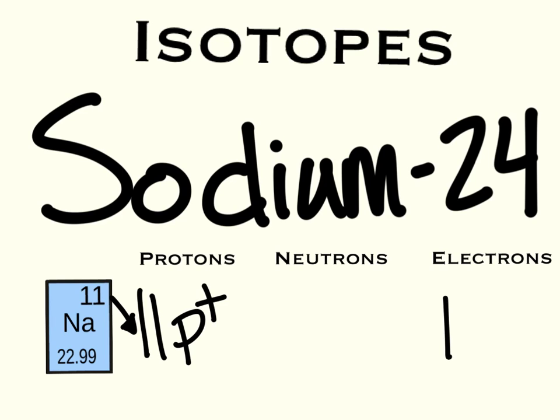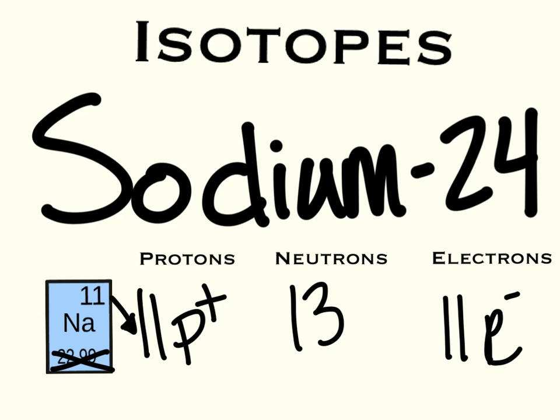So with isotopes, we also have 11 electrons because they're going to be stable, or balanced. And again, we're looking at this new atomic mass, so we're going to ignore the 23. I need 24 protons and neutrons in the nucleus total. I already have 11 protons, so I'm going to need 13 neutrons in my nucleus.